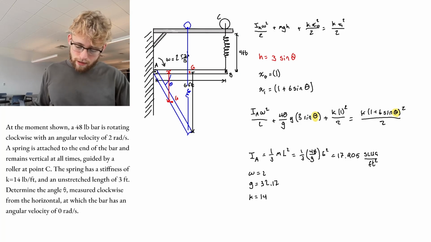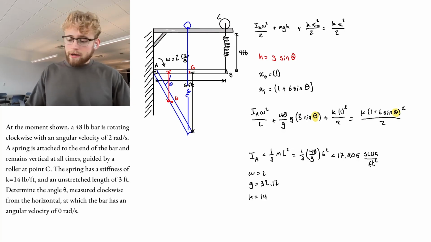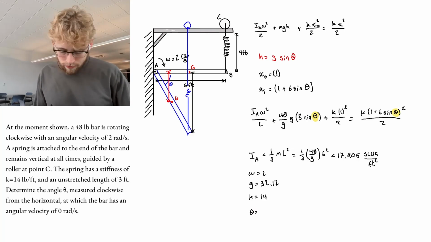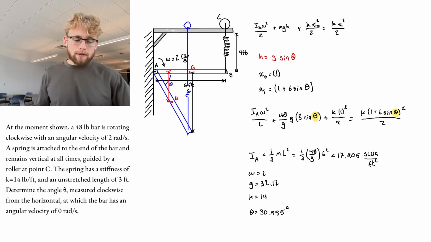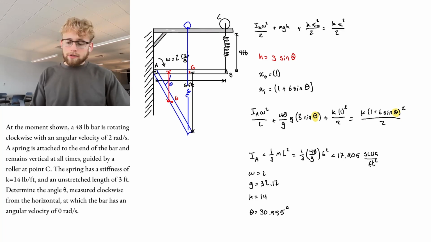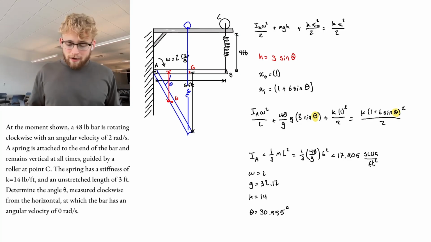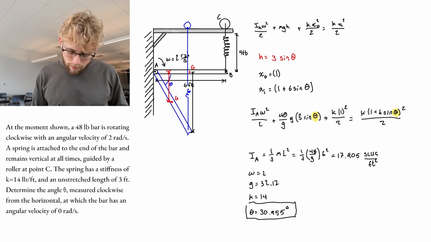And I think that's it. Now, once we plug all these in and we solve for theta, we get that theta equals 30.955 degrees. And solving for that, I just used my calculator and put the equations in, solved for the variable. All right. Boxed in.